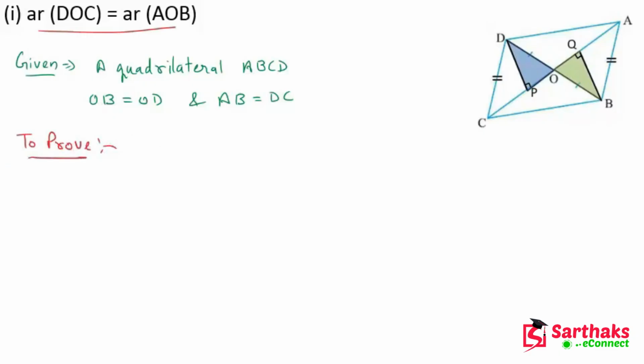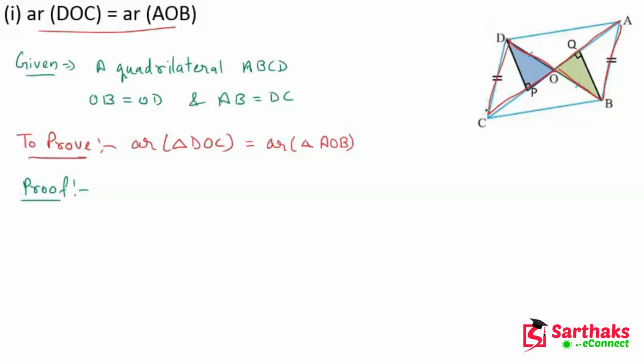We have to prove area of triangle DOC is equal to area of triangle AOB, meaning this area is equal to this part. So let's start to prove.